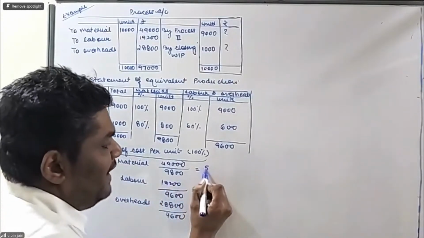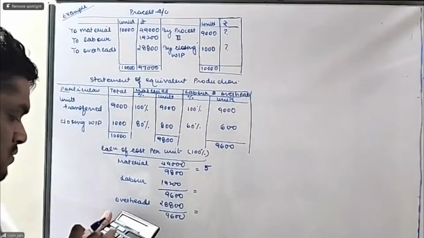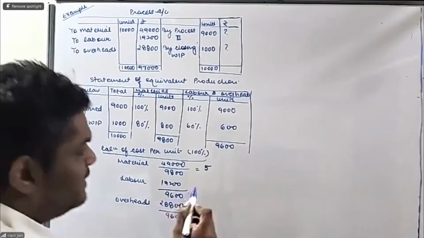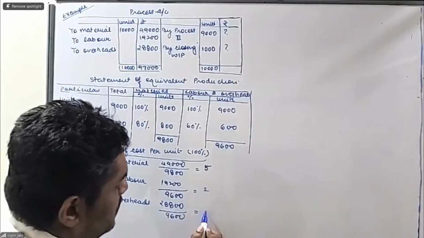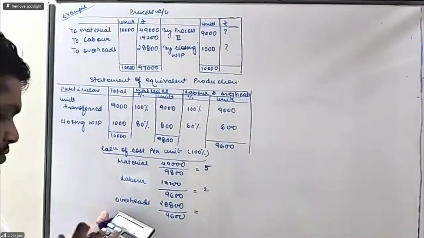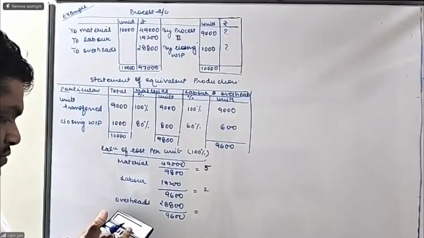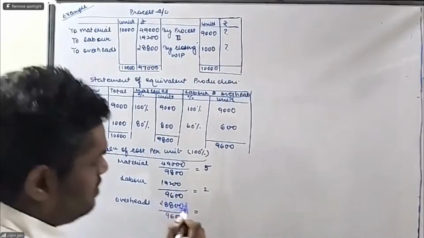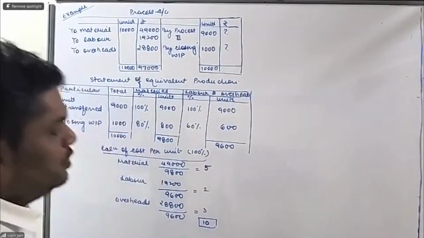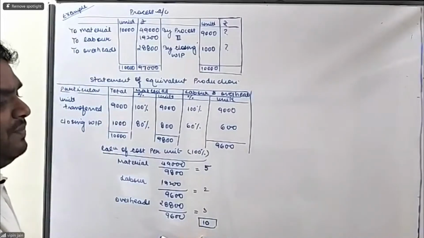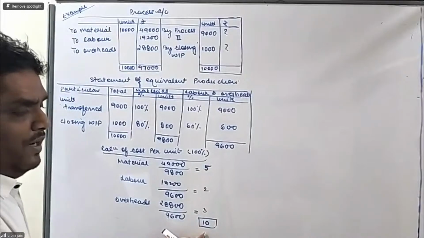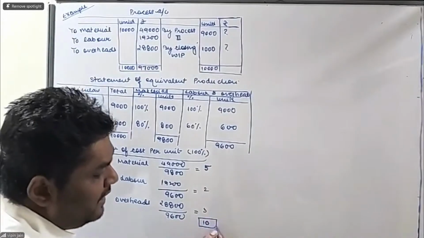So this will be 5, this will be 2 and this will be 3. So the cost of units that are 100% completed is 10.